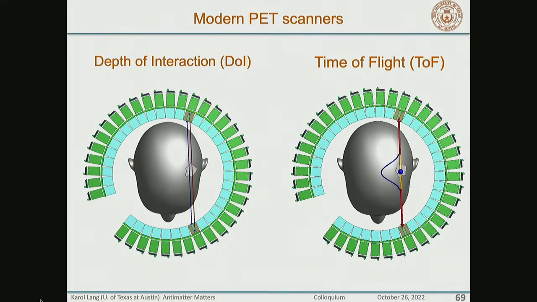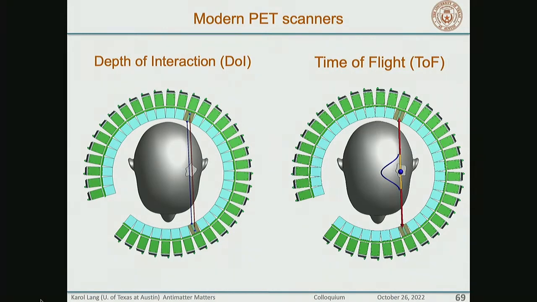There are two things I want to mention in addition to what I just said about TOF-PET. So why is it TOF? TOF-PET, time of flight PET, allows for faster and better reconstruction of the image.